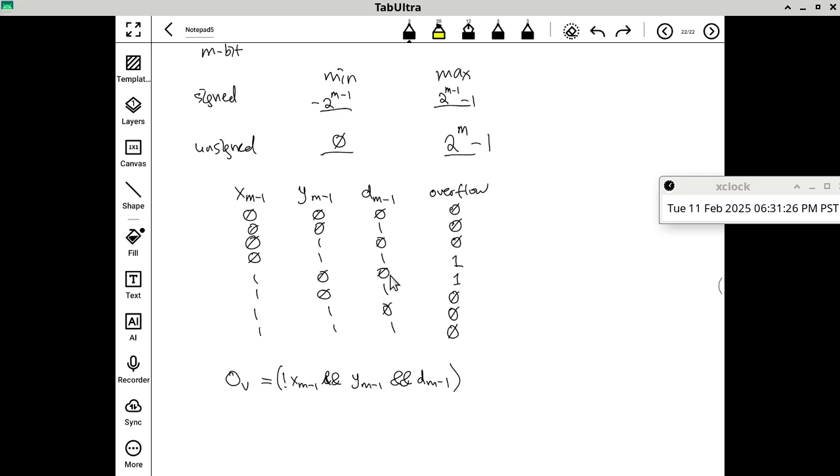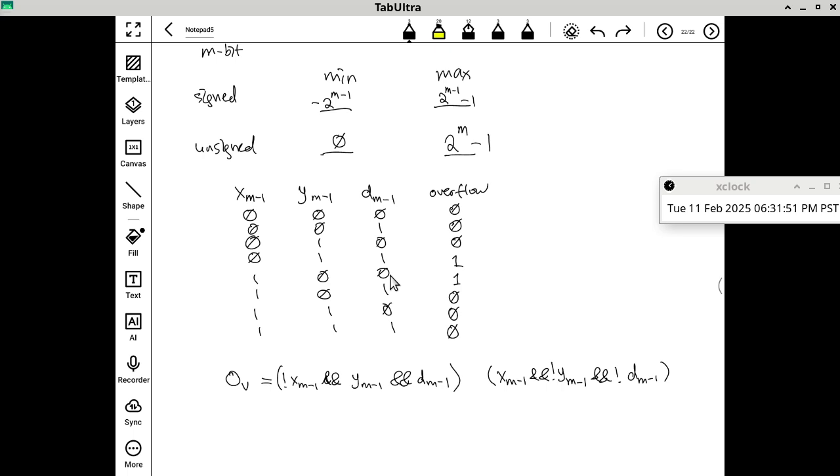So now we work on another expression that will only be true on the fifth row. So we take x of m minus 1 as is, and then we negate y of m minus 1, put a negation here, and then we also negate d of m minus 1. Are we convinced the second conjunction is true only for the fifth row?